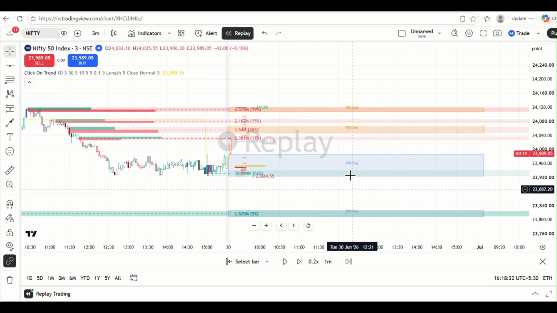These two zones show where institutional actions happened in the last 14 to 15 days, to help us as good support in this area.